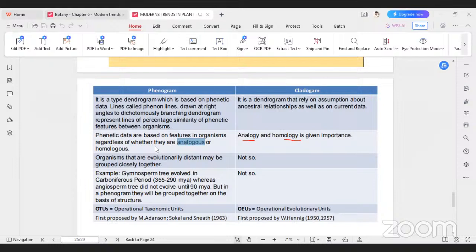If you know the data, the features of the organism, regardless of analogous or homologous. Here, F for function, A for analogous.